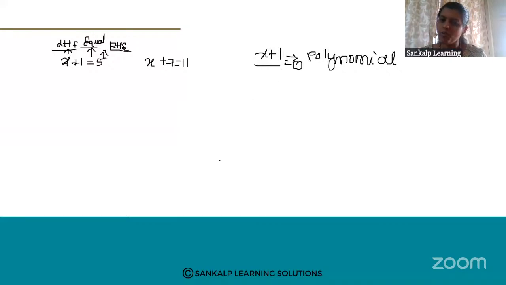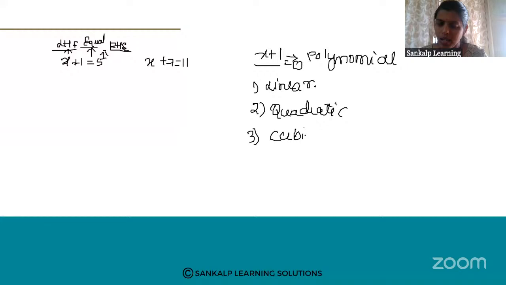Okay. In case of polynomials also, we learnt about the types of polynomial, that is linear polynomial, quadratic polynomial, and cubic polynomial. ಅಲ್ಲಿ ನಾವು study ಮಾಡಿದ್ವಿ.